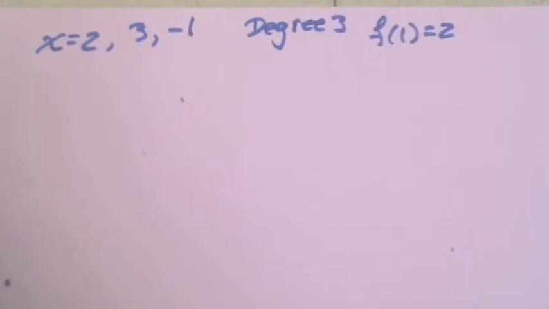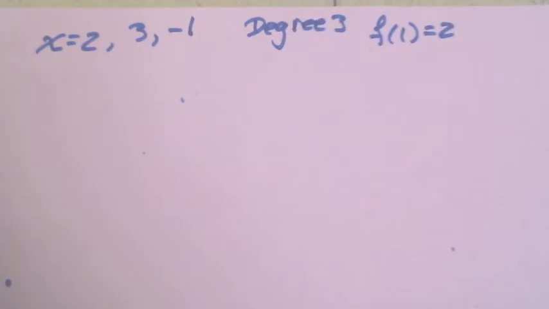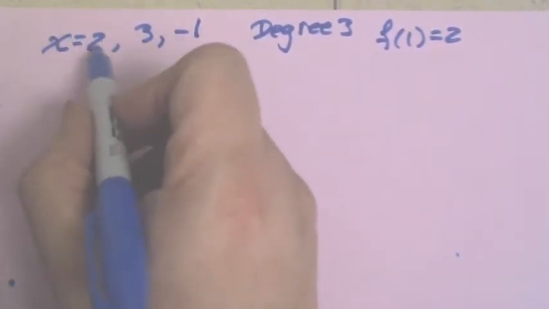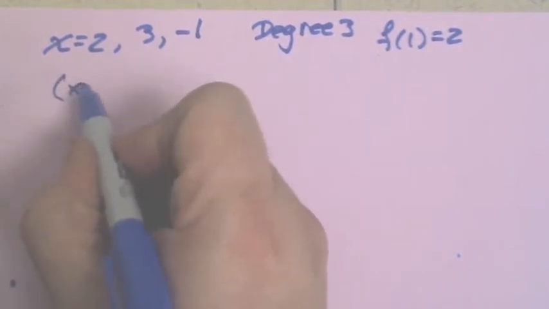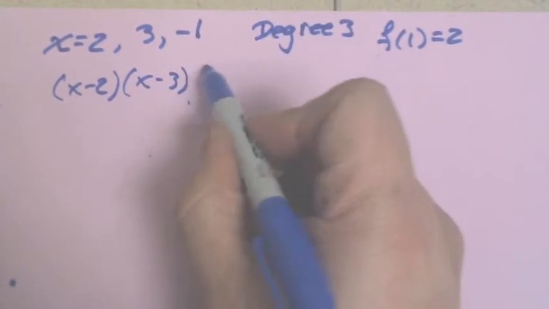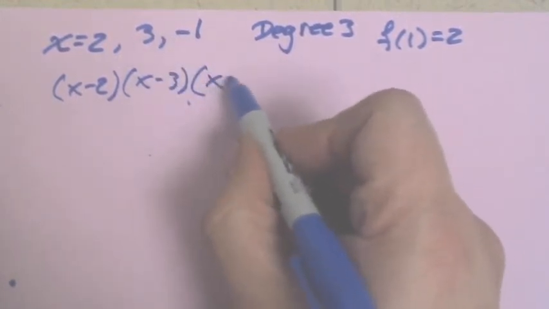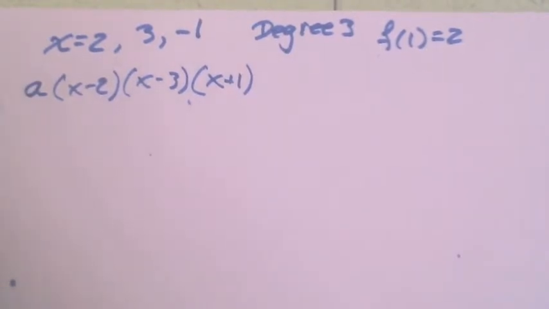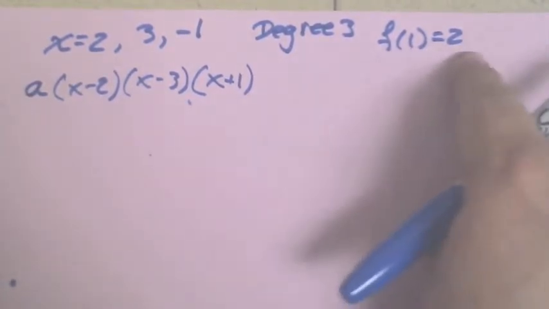So it's really a very similar problem, except instead of being given the information graphically, we're given the information just in the values. But again, if 2 is a root, then x minus 2 must be a factor. If 3 is a root, x minus 3 is a factor. If -1 is a root, x plus 1 must be a factor. And we might have some constant a that forces this to happen.